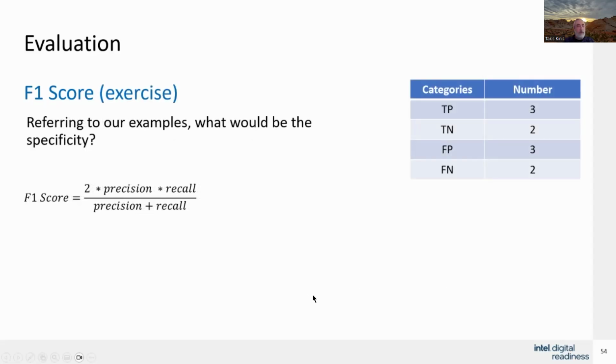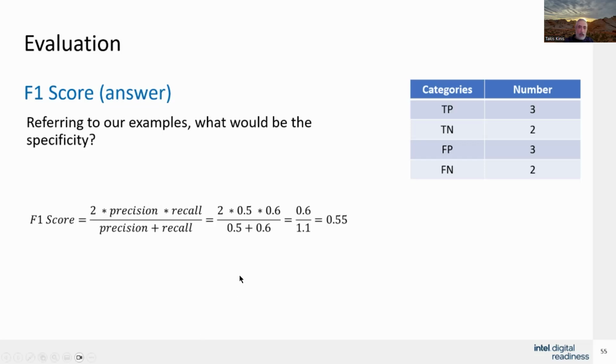Once again, referring to our numbers, precision and recall were calculated already. If you want to know what precision is, you would go back a couple of slides and look at that formula, and you can insert that whole formula here in this spot. Same for recall. These numbers aren't really complicated, but what they're showing is we're taking the 50% times the 60%, multiplying it by 2.